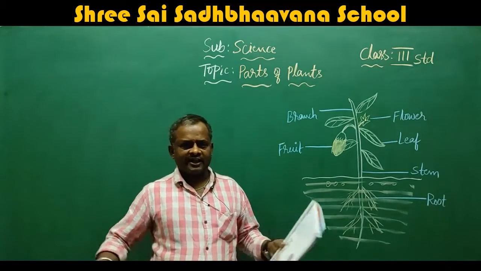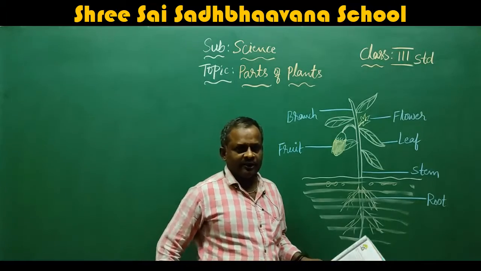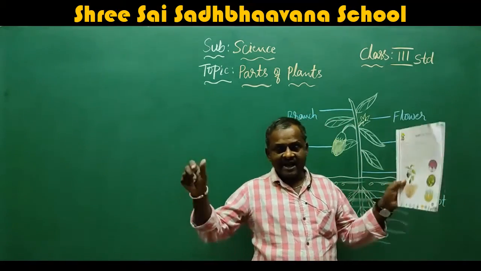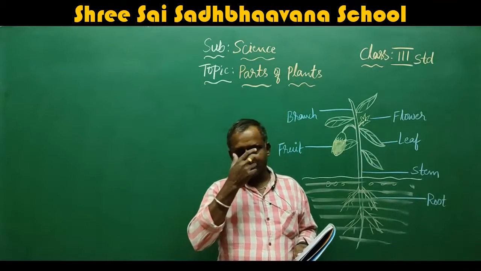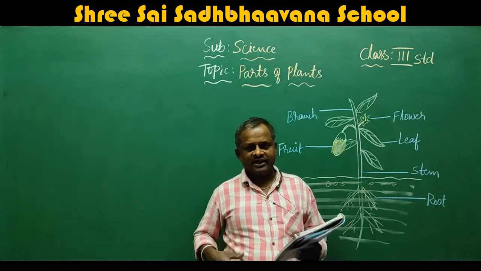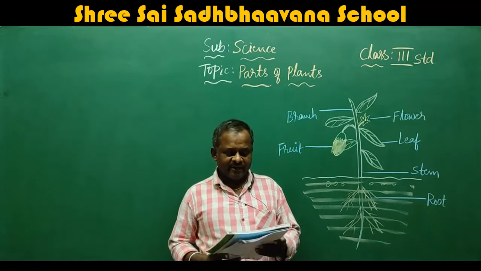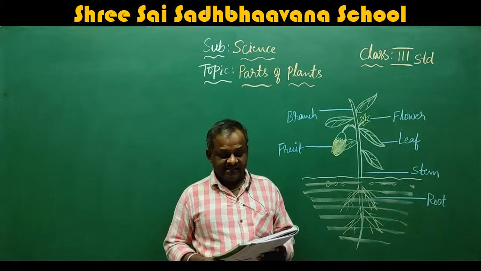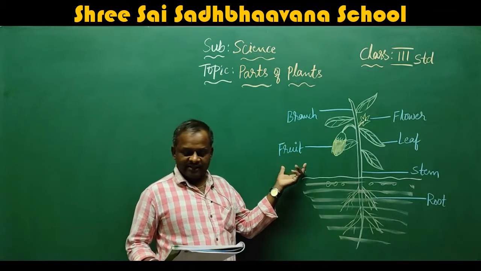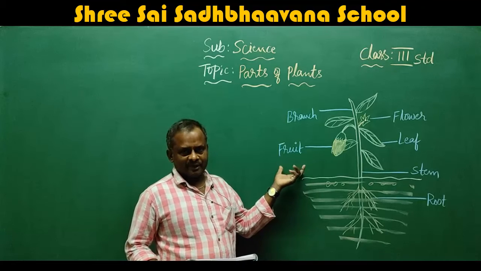You know very well our body has so many parts, like legs, hands, nose, ears, eyes, mouth, tongue, head, stomach. Like this, our body is made up of different parts. Similarly, plants are also made up of different parts.